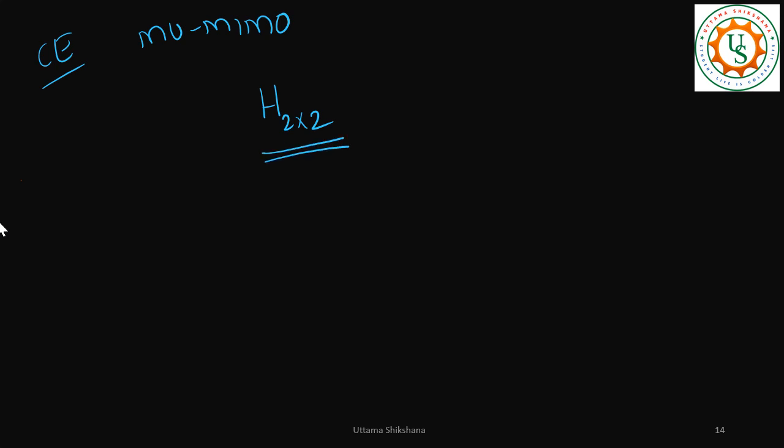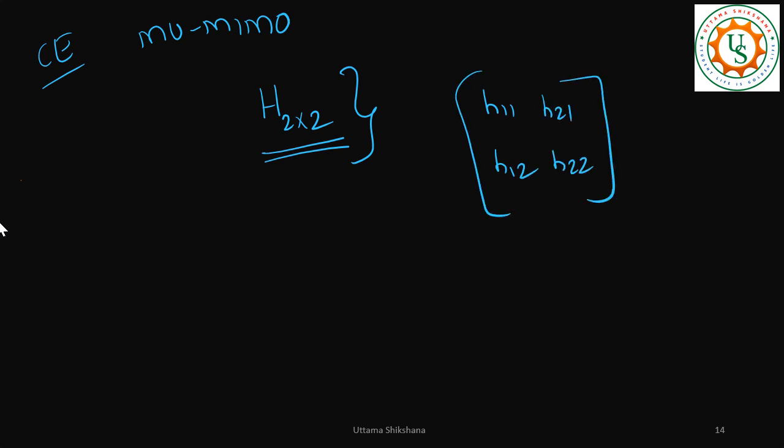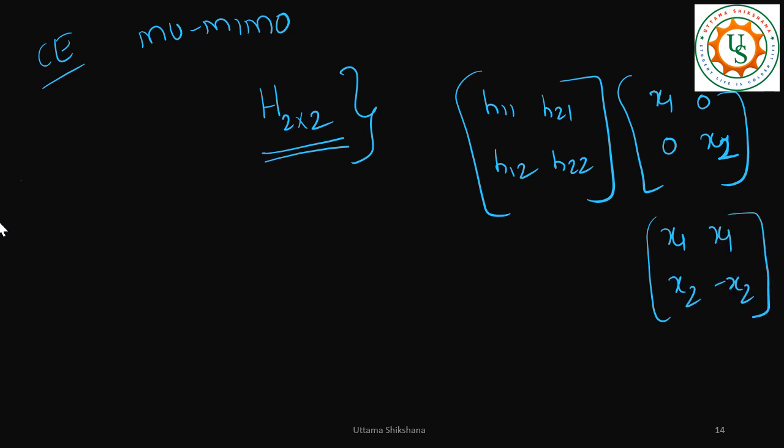Okay, if I take H12, H21, H22, my matrix will become this. Sorry, this is x1. In the other case, if I'm using the time domain OCC, then it will become something like this.